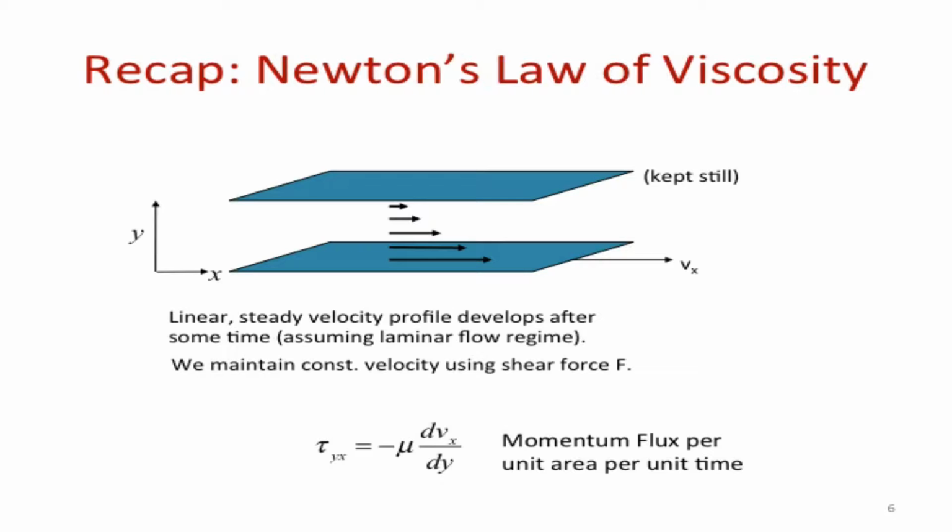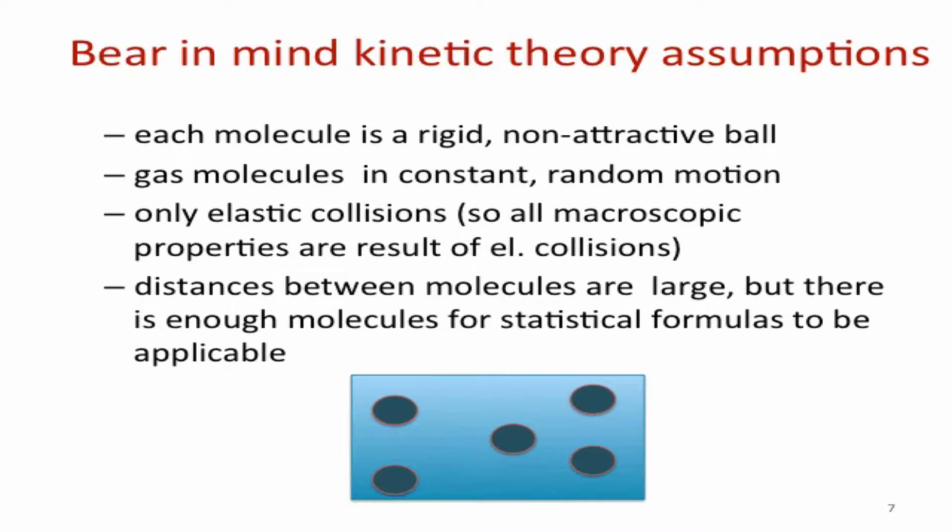Now let's see if we can, using theoretical assumptions on molecular level, actually scale up to something of this sort. So kinetic theory assumptions are that the gas molecules that we have are rigid balls that collide, and when they collide, they don't lose energy. So that's called elastic collision.